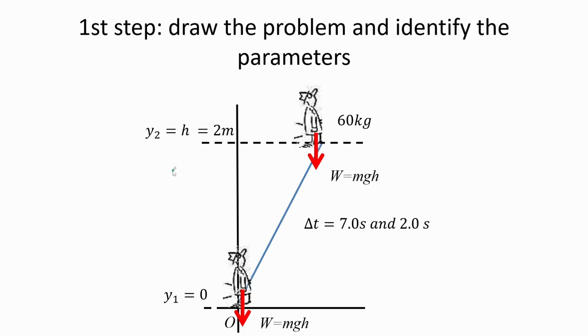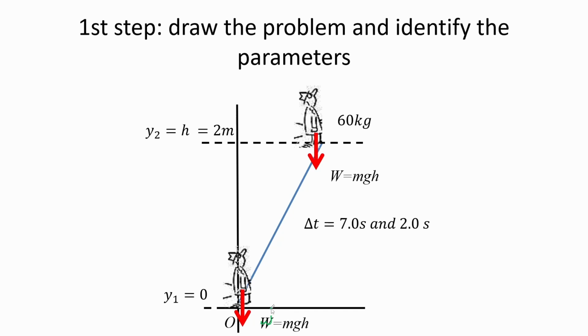Step 1. So we consider the point of origin sa ubos. So naa siya height na 0, naa siya weight na mgh. This is not work, this is weight ni siya. Okay? Oh wait, is it? This is potential energy.